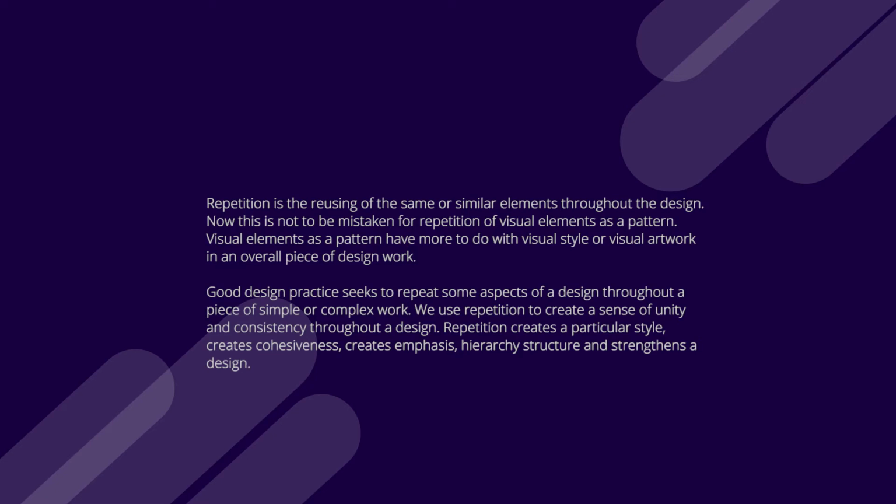Good design practice seeks to repeat some aspect of a design throughout a piece of simple or complex work. We use repetition to create a sense of unity and consistency throughout a design. Repetition creates a particular style, creates cohesiveness, creates emphasis, hierarchy, structure, and strengthens a design.